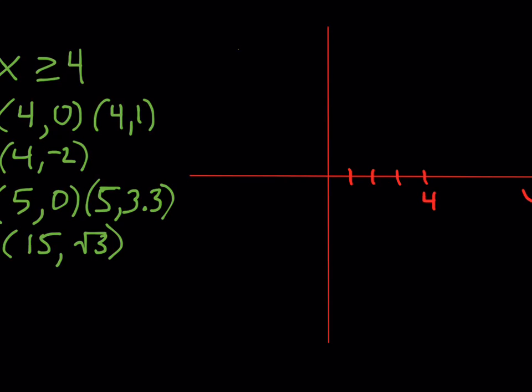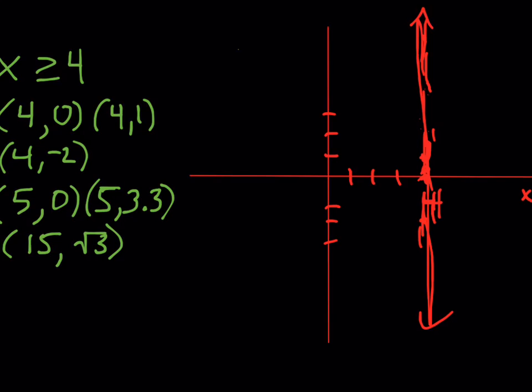Here's x equals 4, and all of these points. So I have (4, 0), (4, 1), (4, -2). All of the fractions in between those, they're all going to work. So like 4.5. And basically all of these points up and down, where x equals 4. So I end up with a straight line. That's part of the graph.